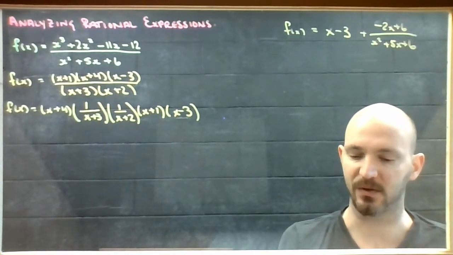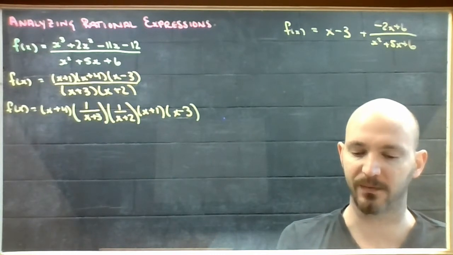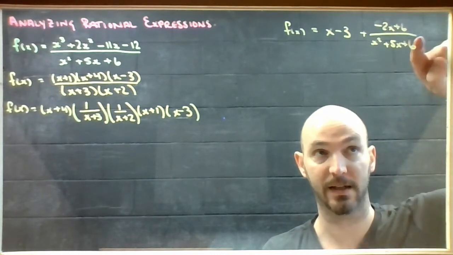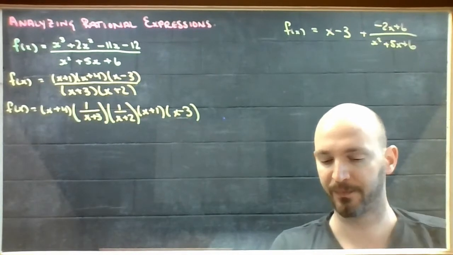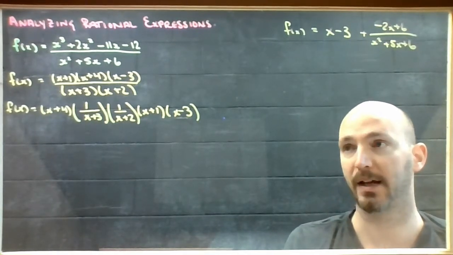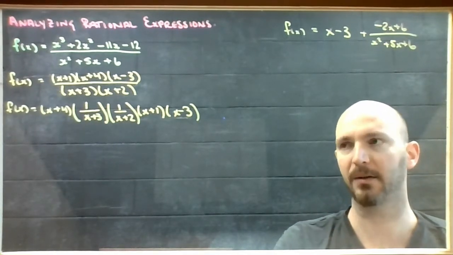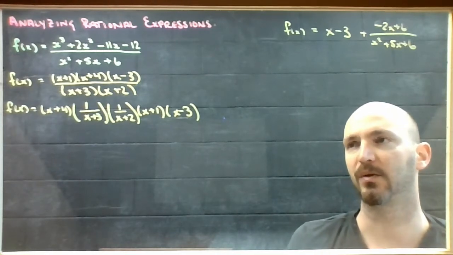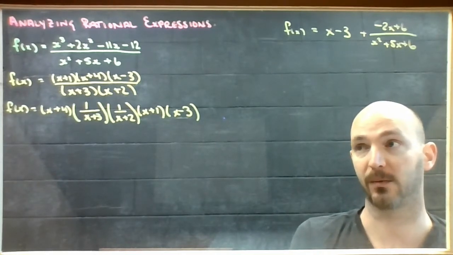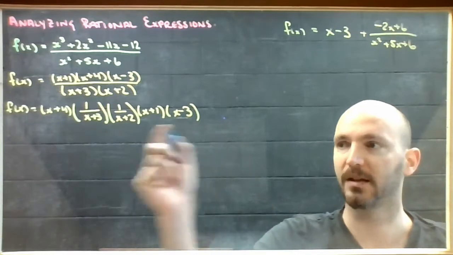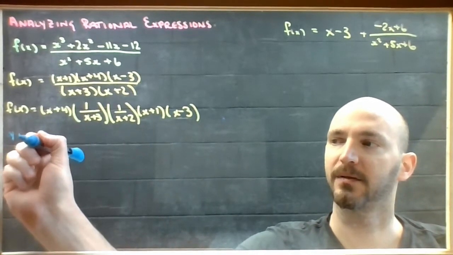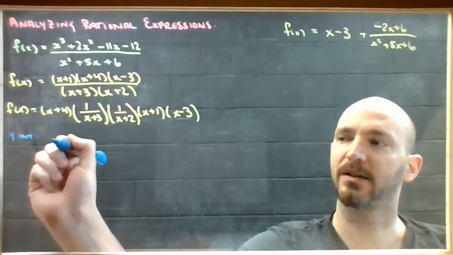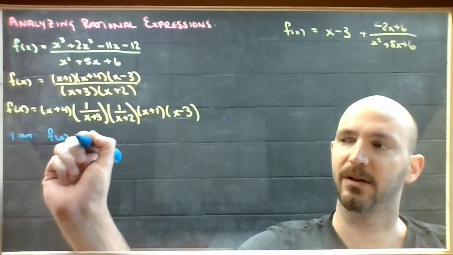Part B is use either the given form or the factored form, or, if you like, the end behavior form, to calculate the y-intercept. So I'm going to choose to use the original form. To get your y-intercept, all you need to do is evaluate the function at 0.